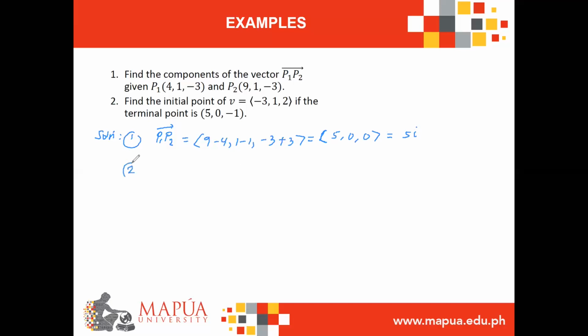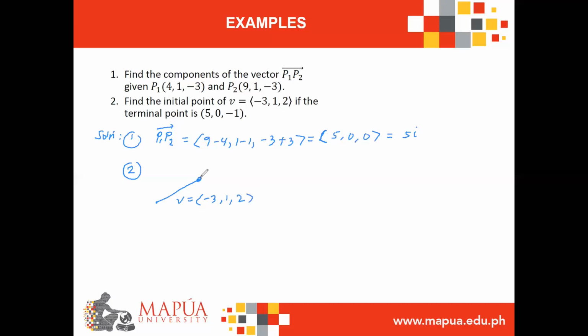For the second example, we have: find the initial point of vector v whose components are negative 3, 1, 2, if the terminal point is 5, 0, negative 1. So to illustrate, suppose this is your vector v whose components are negative 3, 1, 2.